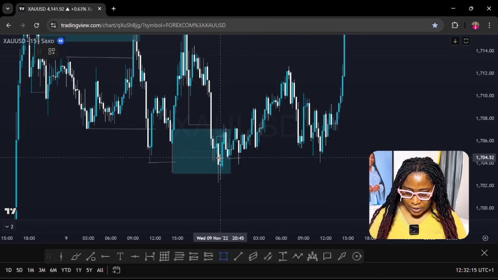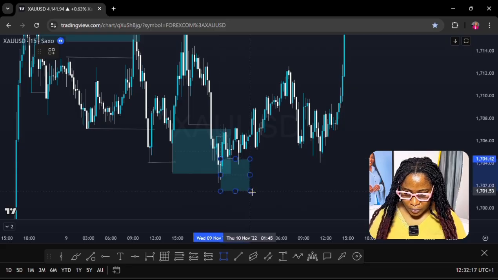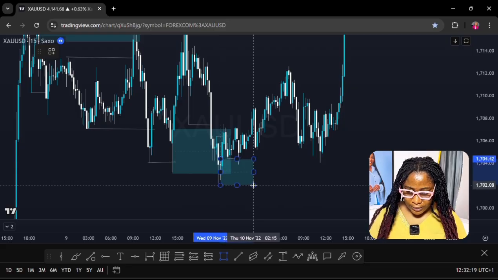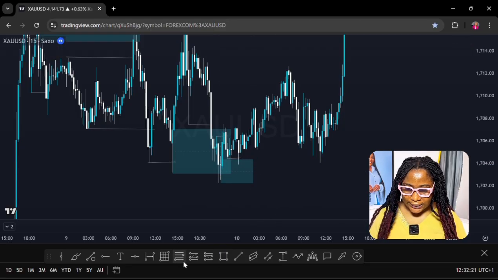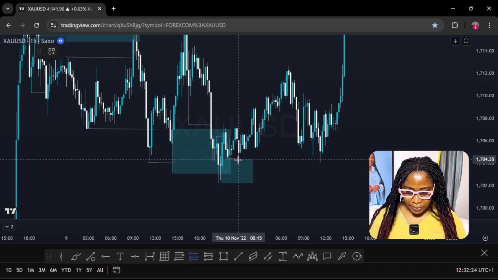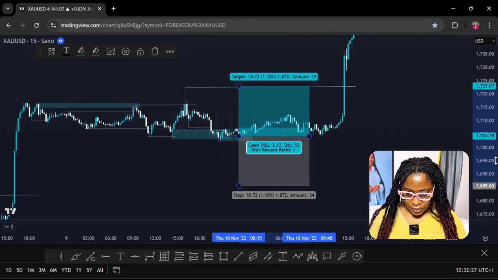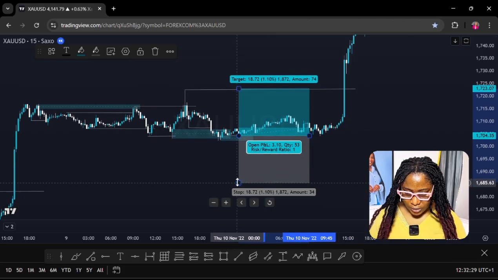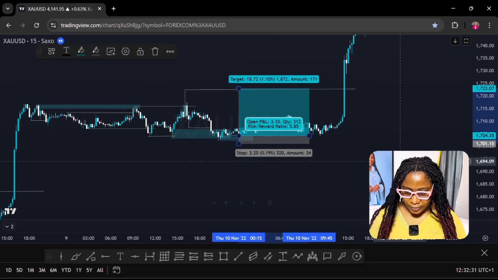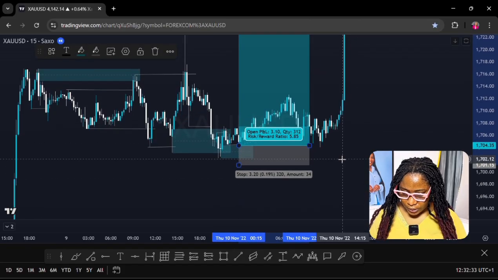So once I catch a trade like this from the bottom, I'm targeting to the top. I don't know why this POI is so big. So looking to the left, this is so far.